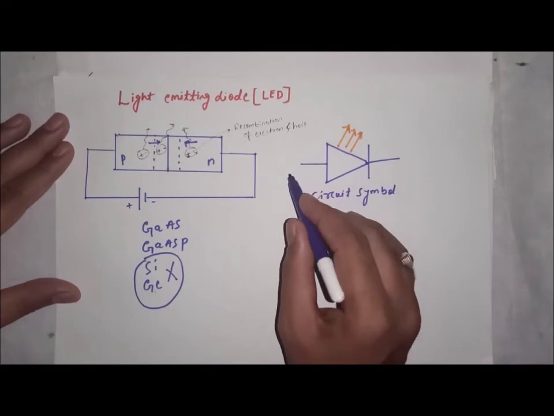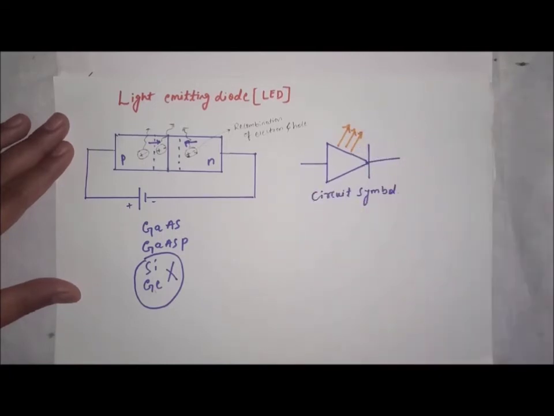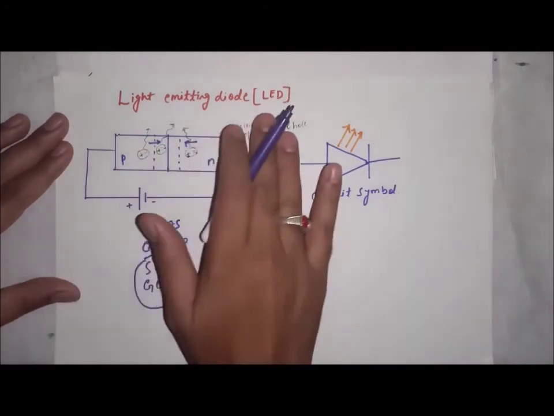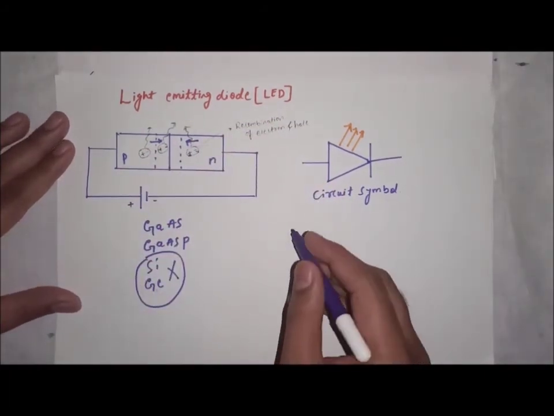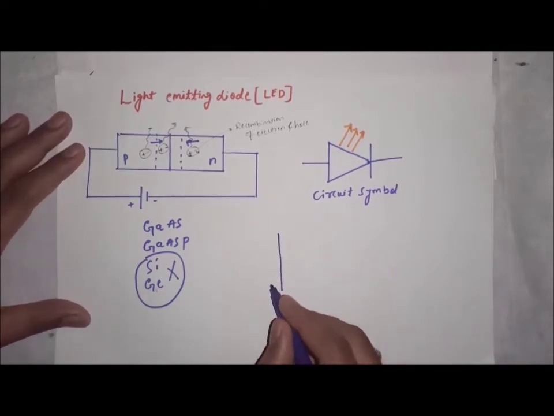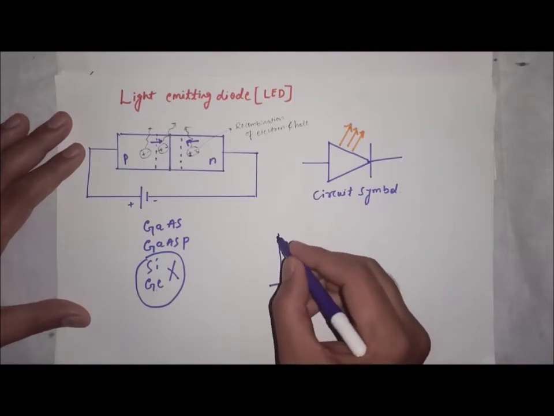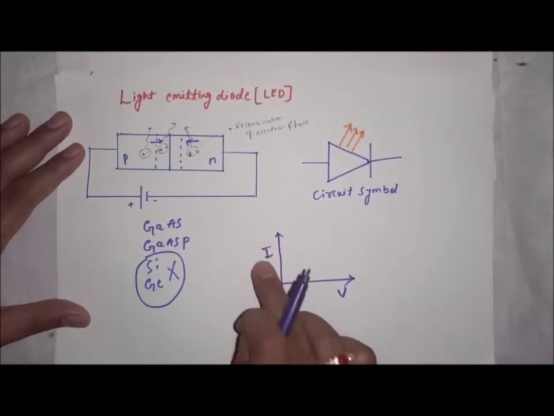So when you just give the electrical energy to it, it produces the light. So this is the light emitting diode, and the characteristic of this light emitting diode is similar to an ordinary diode, the VI characteristic.